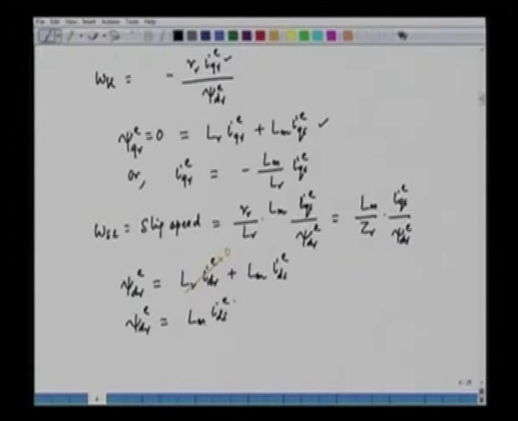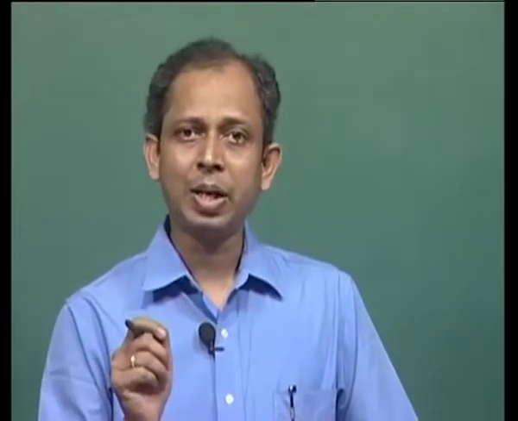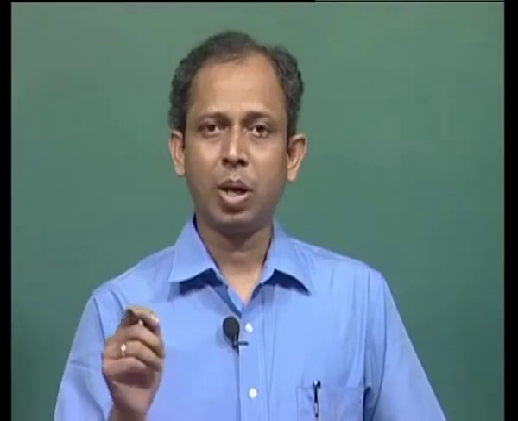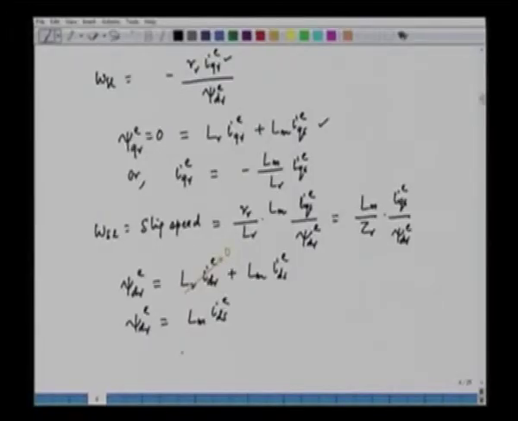Now it means the rotor flux can be controlled only by stator current. If we vary IDS, we can change the rotor flux, and psi dr is same as the total rotor flux, that is psi r. So when we change IDS, we can change the rotor flux. And in the expression for the slip speed, we can replace psi dr by LM into IDS.